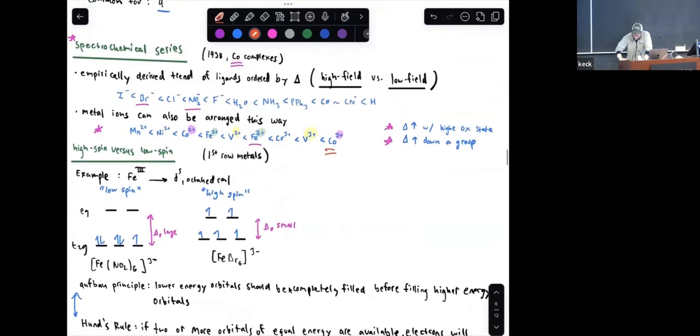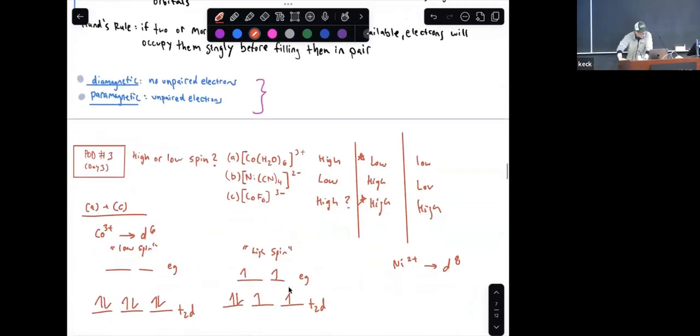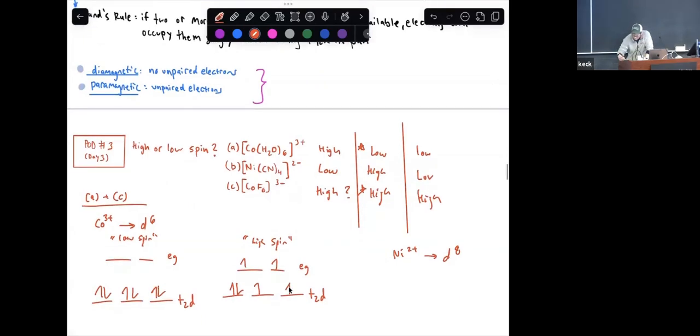And then you have cyano, which is one of the highest field ligands. So, again, you just need to make a judgment call, and you'd say maybe these cyano ligands, which are really high field strength, maybe we just call this low.